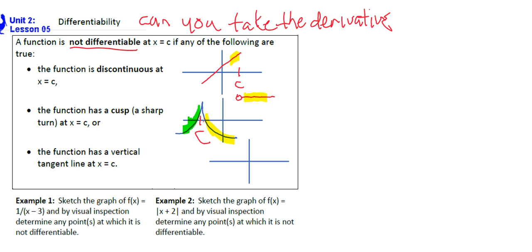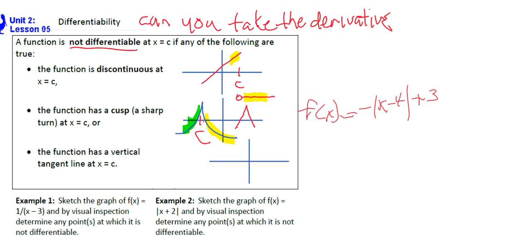Another example of a sharp corner might be, of course, the absolute value. That would be the upside down absolute value, so it might look something like this. For example, this one might be f of x equals the opposite of the absolute value of x minus 4, risen up a few spots.